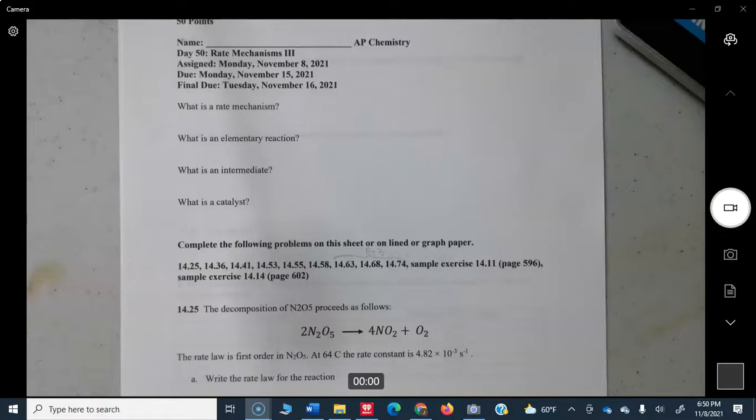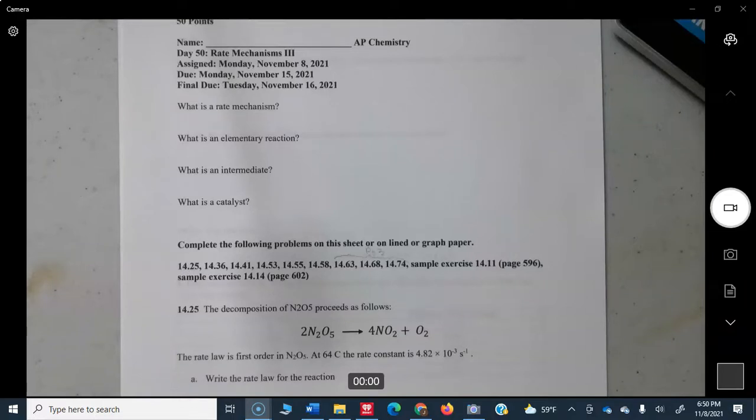It's almost the opposite of an intermediate. In general, it speeds up a reaction, but you'll see it at the beginning on the reactant side of the reaction, and then it also appears again on the product side of the reaction. So it appears both at the beginning and the end. And it's designed in one of several ways to speed up the rate of the reaction.